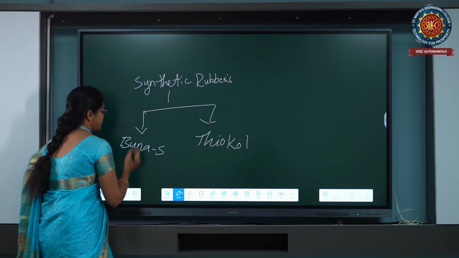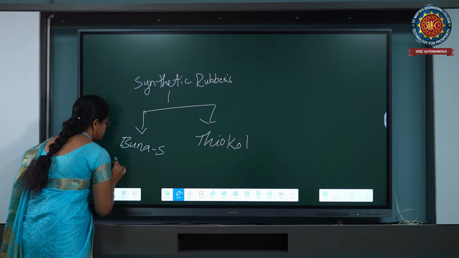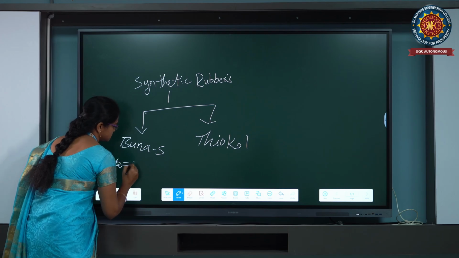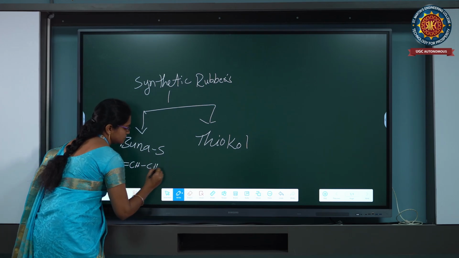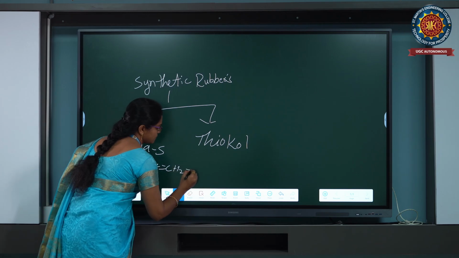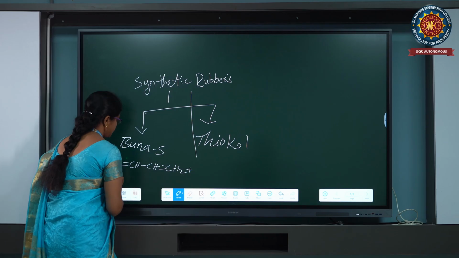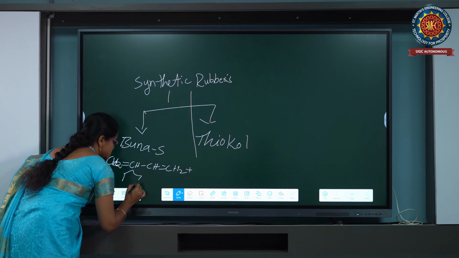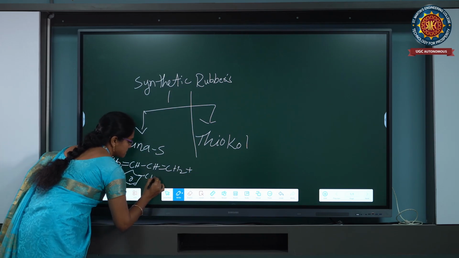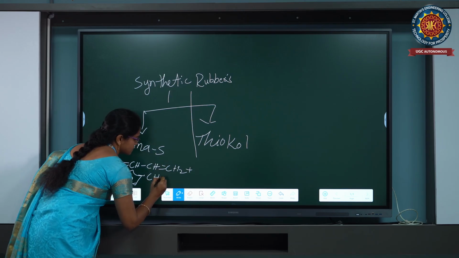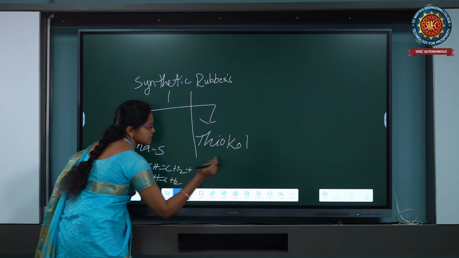Okay, Buna-S: the monomers are butadiene plus styrene.